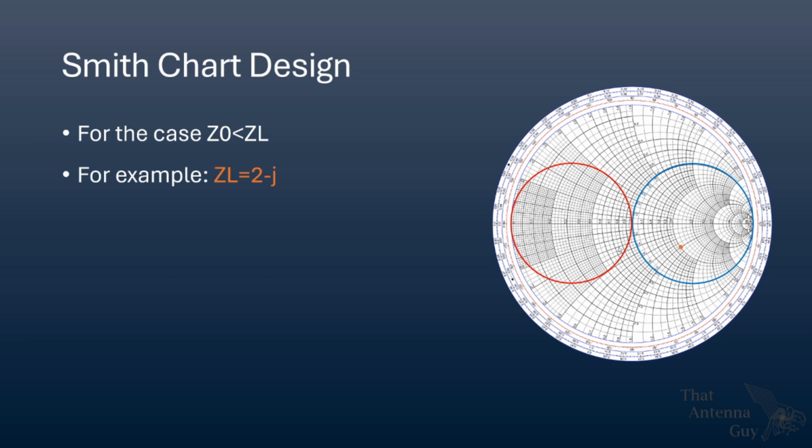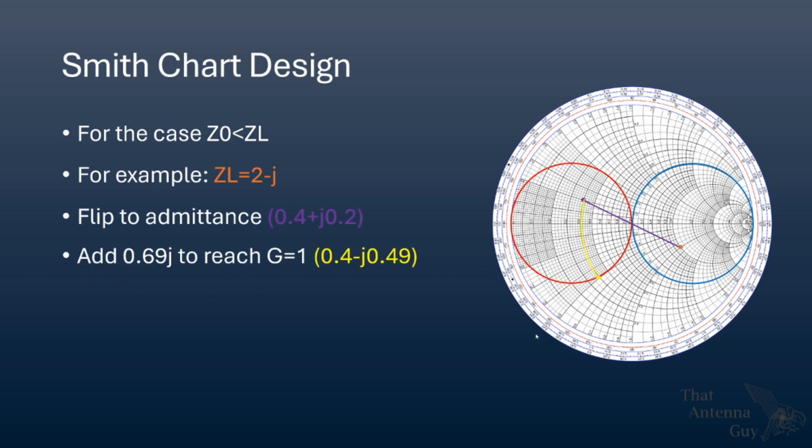So first we have to flip to admittance to escape the circle, and now we can add or subtract a value from our current position and intersect our g equals 1 circle. I will choose to subtract 0.69j and intersect the g equals 1 circle at about 0.4 minus 0.49j.